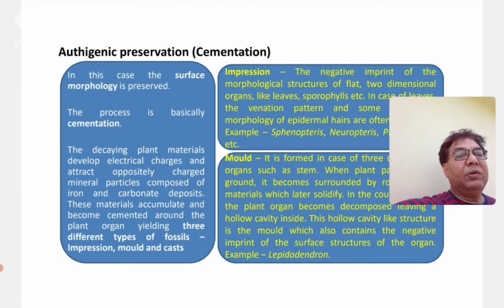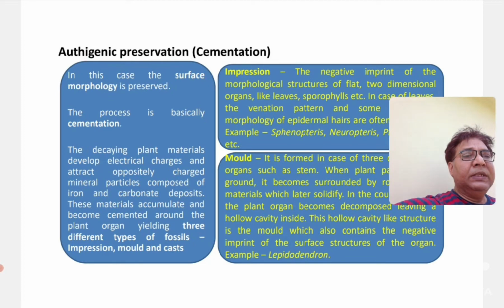Examples are Sphenopteris, Neuropteris, Schizoneura, and many such. The leaves get preserved in this manner. Usually you get the venation pattern. You also sometimes get indications of epidermal hairs or stomata over the surface. But there is no carbon left in the material.